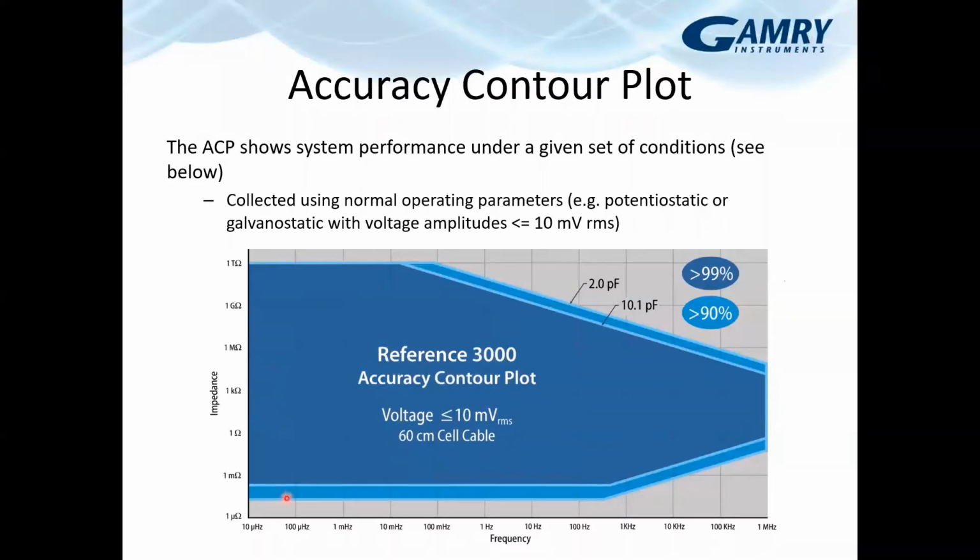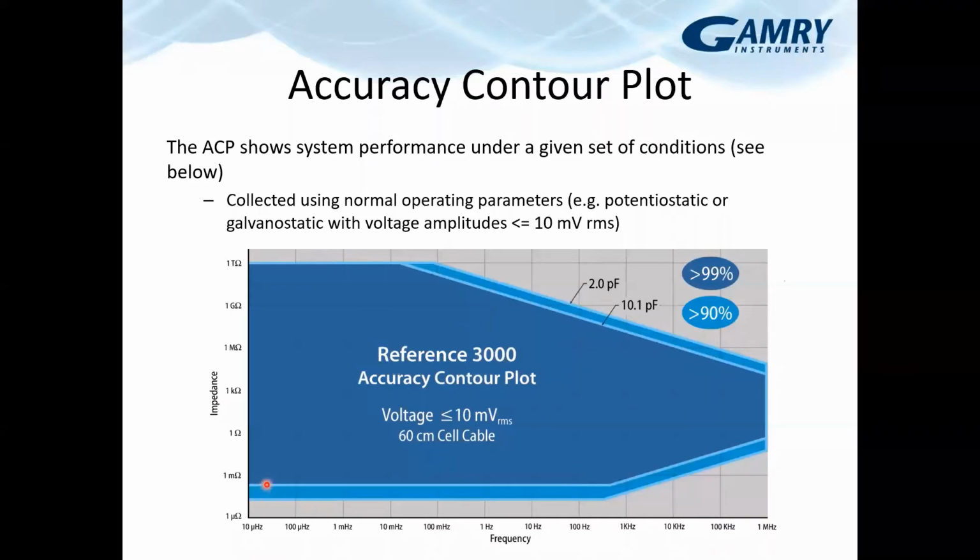On the low side, the limitation tends to be that common mode rejection ratio, that CMRR that I mentioned before. That's why there's a bit more range down here. We've got a hard limit from this PCB, but down here you can get a little more range and better accuracy. So we've got 99% in the dark blue and 90% in the lighter blue.